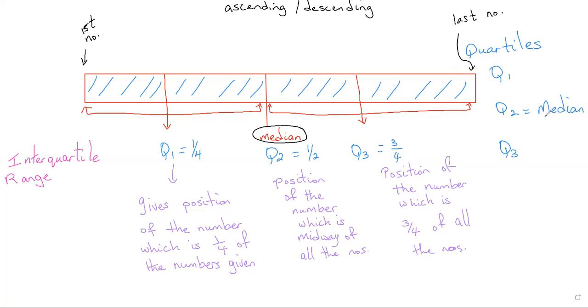So that's the number that is in the middle of all the numbers given. So the median, we call that Q2, which is half of all the numbers given.